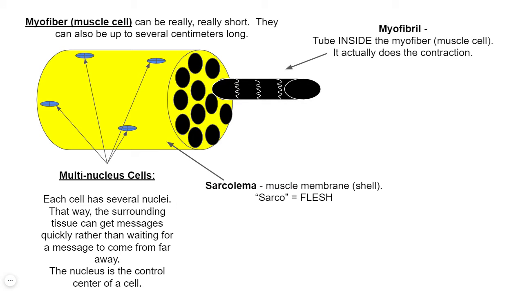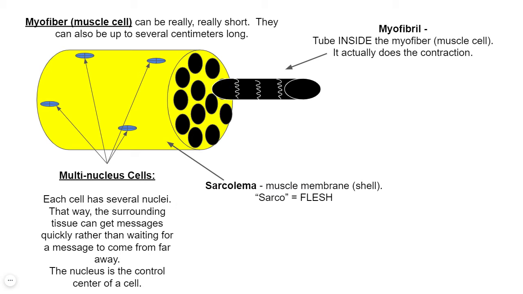Now, inside the muscle cell, there are more tubes. So you may have in your head, wow, this is just like a tube within a tube within a tube. But this yellow thing here, it's colored yellow in our diagram, not really yellow, is a muscle cell. Now, inside the myofiber, which is a muscle cell, is a myofibril. The myofibril is the tube inside the muscle cell that actually does the contraction.